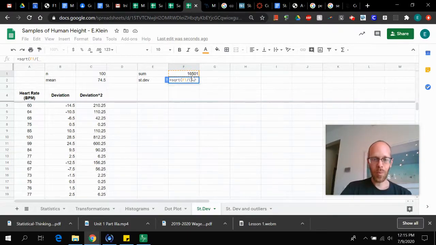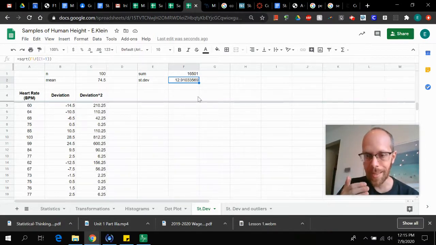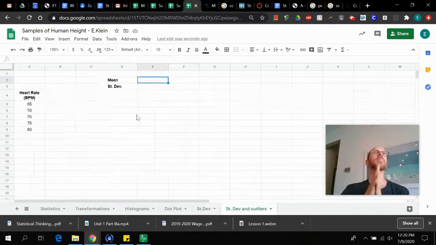And n minus 1 is going to be the number that's right here, minus 1. You have to put that in parentheses, otherwise it will divide by this and then subtract 1. You'll get the wrong answer. So that gives us 12.9, which we should recall seems pretty reasonable since we knew it was going to be somewhere between 10 and 15.